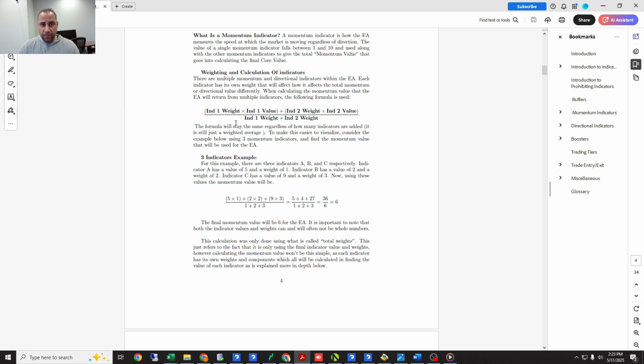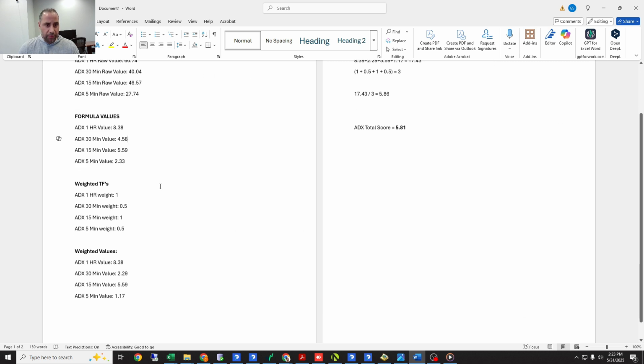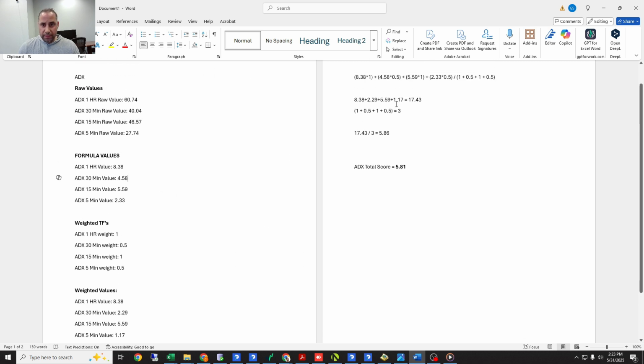And then we have to divide that by indicator 1 weight plus indicator 2 weight plus indicator 3 weight, and so on and so forth. So the weights are over here. So we have the second part, which is 1 plus 0.5 plus 1 plus 0.5, which is the weights that we saw here, and the value of 3.